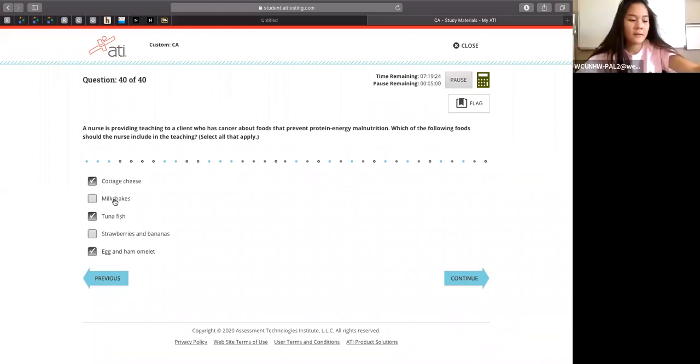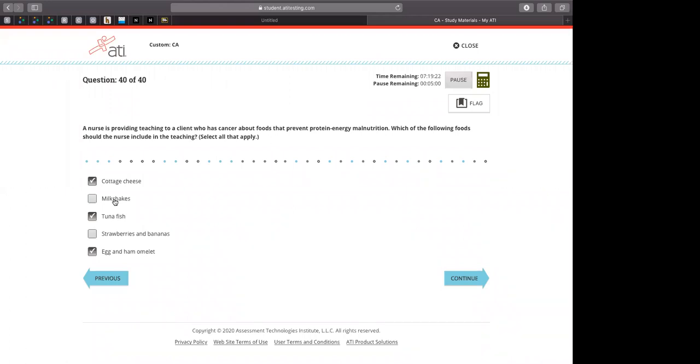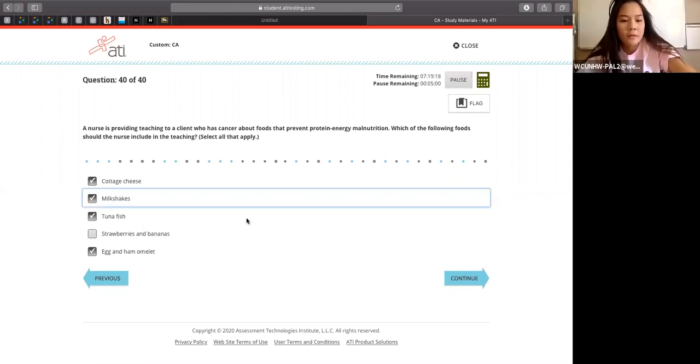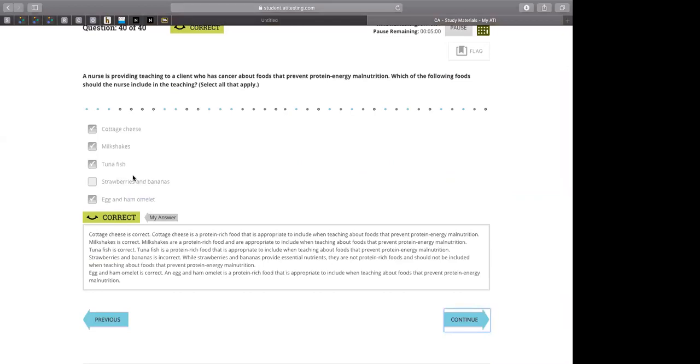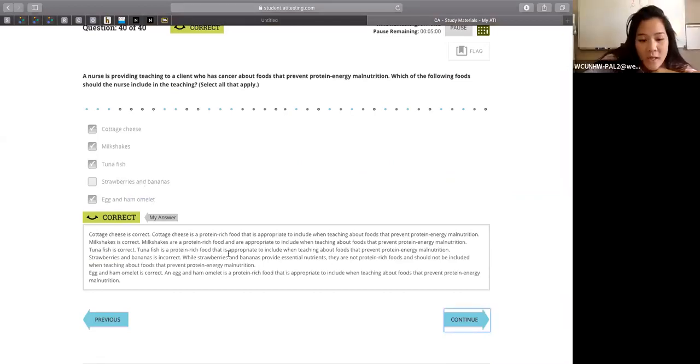Maybe, because yogurt has protein, right? Yeah, dairy. So egg, because egg has protein. Tuna, because it's meat protein. Cottage cheese, because yes. So strawberries and bananas, you said they have fiber? Yeah, it just has fiber. It doesn't have protein. Good to know.